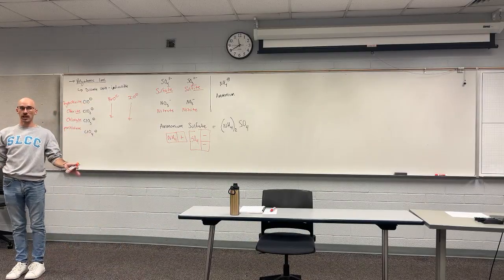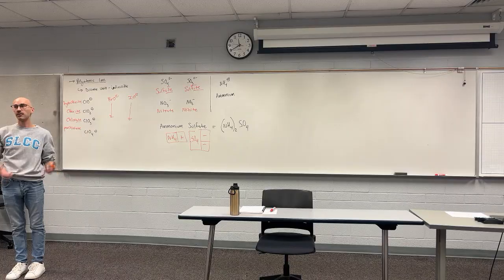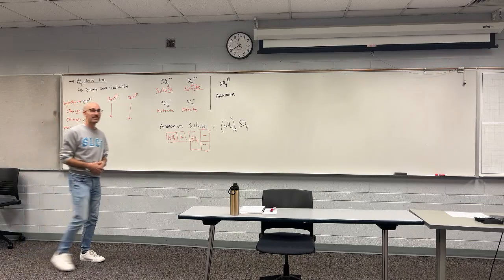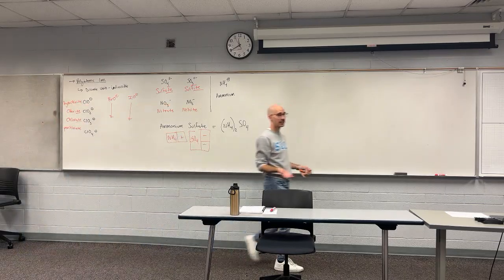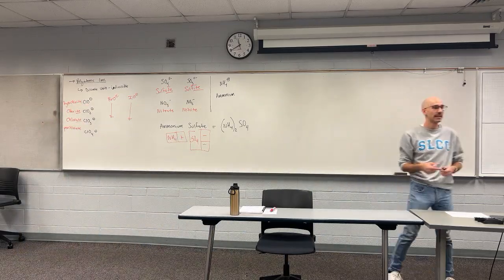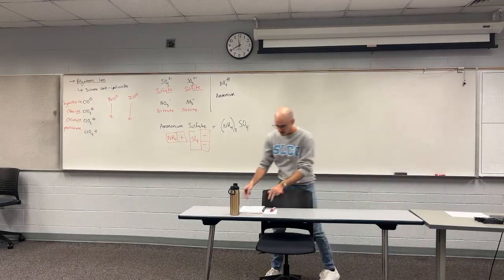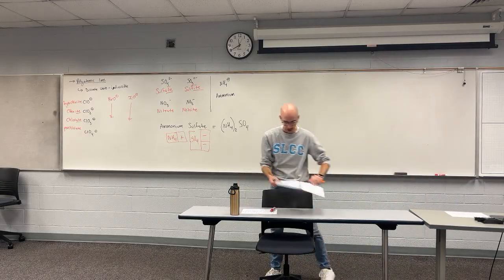Because the charges don't change. And you need to know the charges, and the charges will always balance each other out. So just by saying the name of the ions, you can deduce how many ions of each there are. Now we look at molecular compounds.